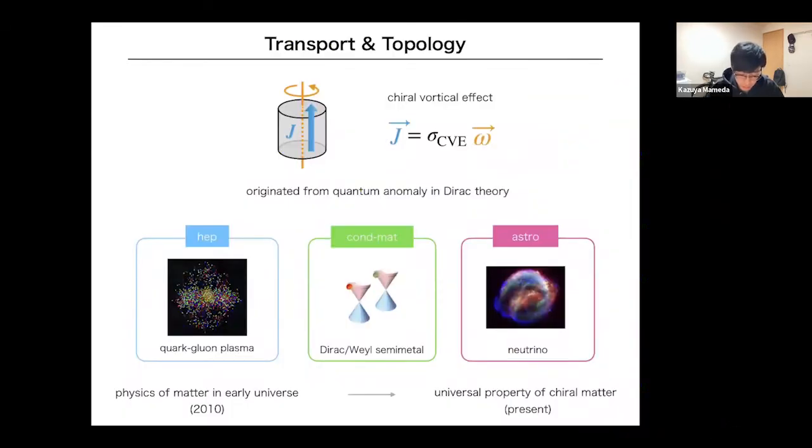One of the interesting physics of rotating quark matter is the so-called chiral vortical effect. This effect is explained as follows. If you have some quark matter, and then you rotate this matter like this.